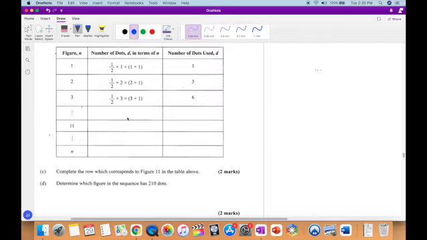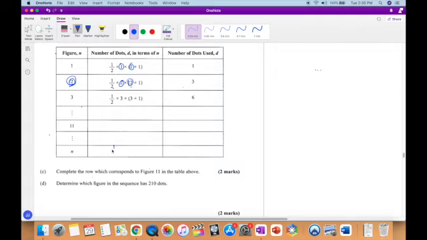So over here now we could see that we have the number of dots D in terms of n, and then we just have the number of dots D used, right? So we could see here that this is n, this is n, because you can see the n here. So whatever n is, we multiply it by a half, and then we have n plus 1.